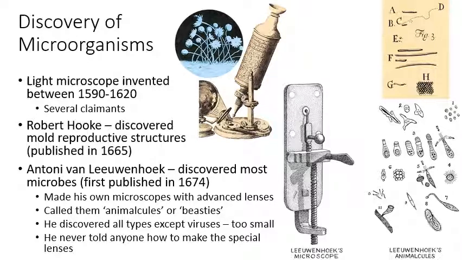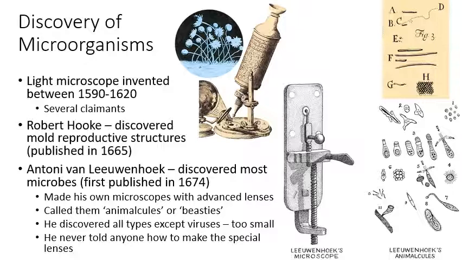Robert Hooke is one of the earliest people to look at things in the microscope, draw them, and publish that in a book. He discovered cells, and he discovered reproductive structures on molds, which are a type of microbe. That was published in 1665.